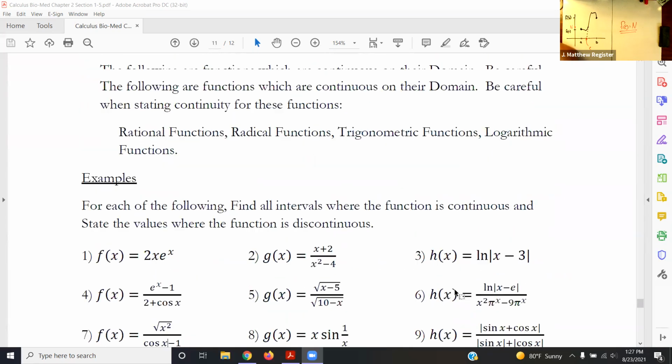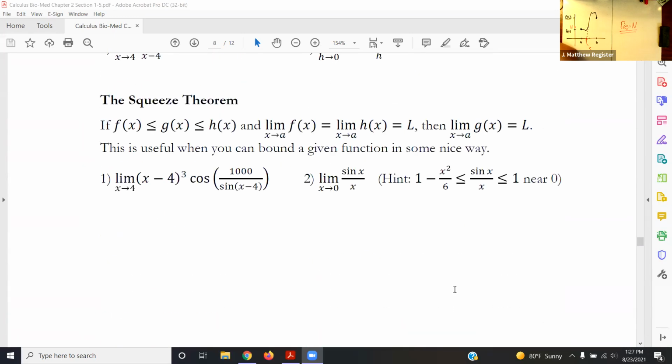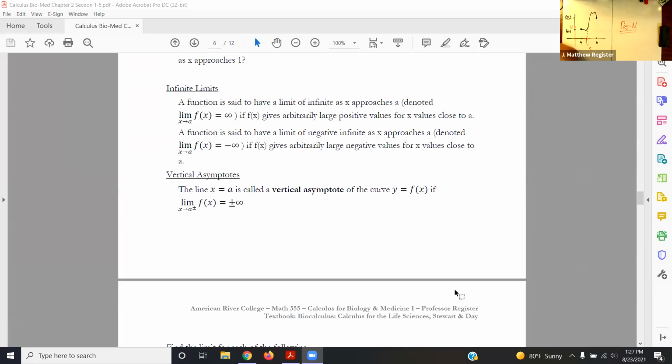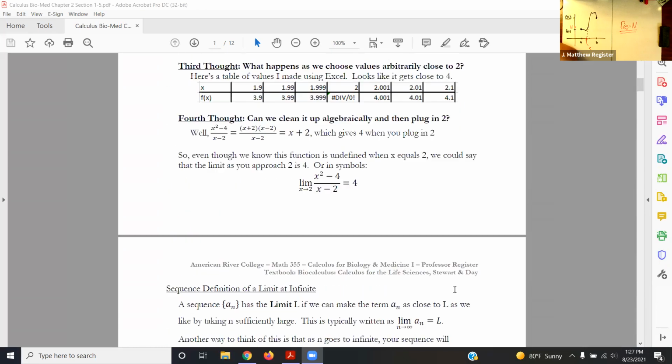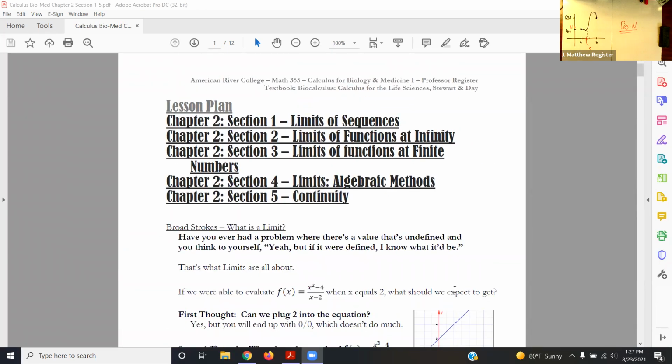And that's it. That brings us to the end of today's lesson. And so when we look at what we did today, we did a lot. Chapter 2 is a very critical part of this course. When we think about calculus, calculus is often focused on derivatives. Limits are a tool that get us to derivatives.